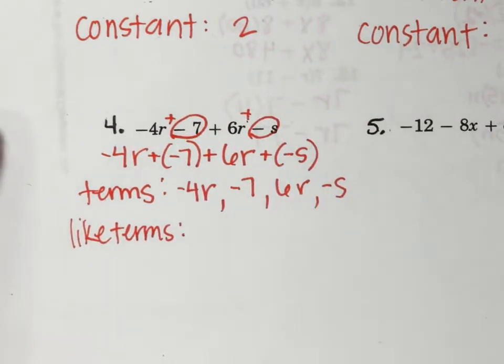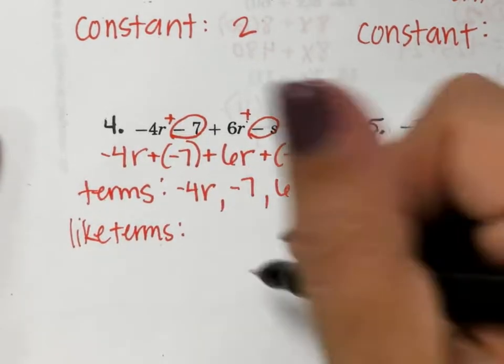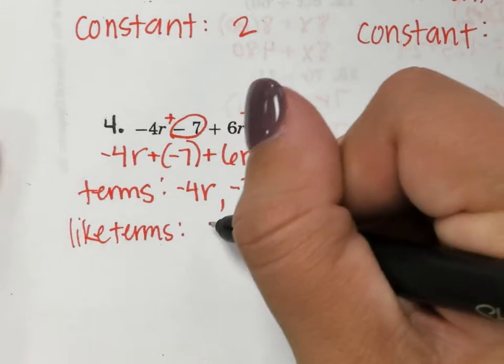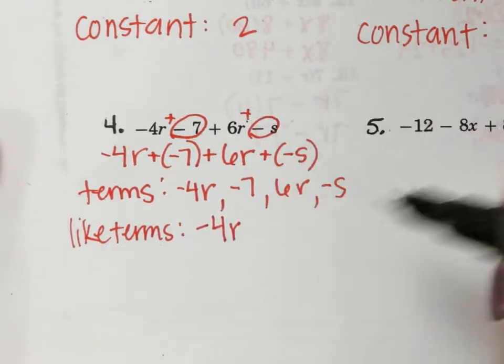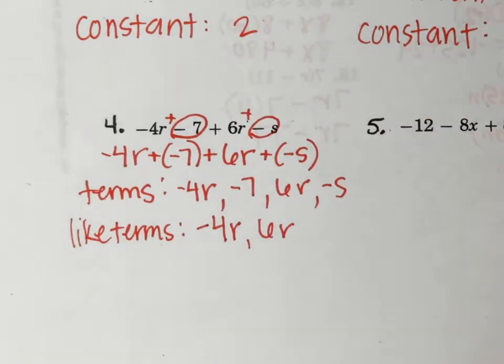What are my like terms? 4R and 6R. Negative 4R, right? Negative 4R and 6R.